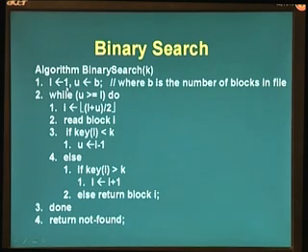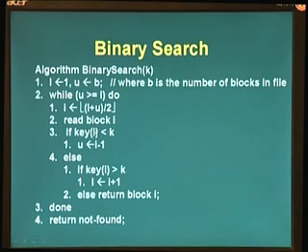On the other hand, the key attribute could be less than the midpoint, in which case we have to search the lower half of our search space, that is, between L and I minus 1. On the other hand, if the key attribute is greater than the midpoint, we have to search in the upper half of the database, that is, between I plus 1 and u.